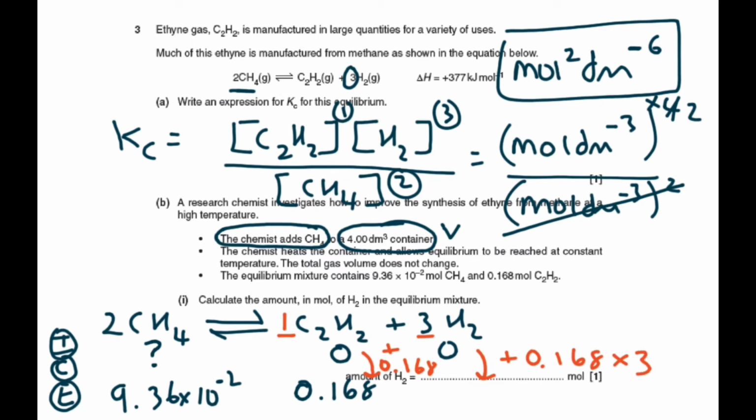So overall the equilibrium, so 0.168 times 3, and that's going to give us an answer of 0.504. This is in moles, and that's the equilibrium amount of hydrogen. Okay, 0.504 moles.